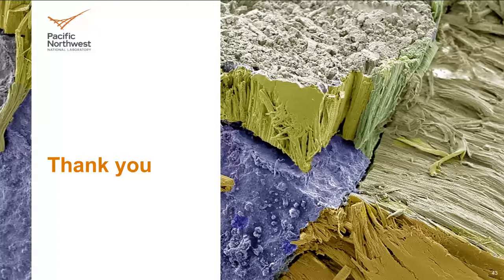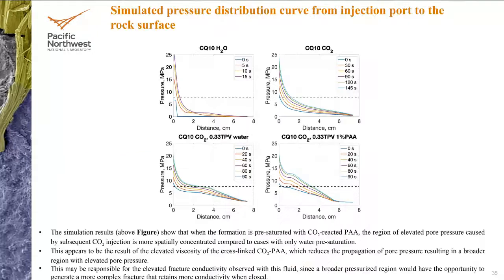You certainly would expect to see these larger apertures, even just from classical solutions. And looking at the pressure profiles that you simulate, they resemble very much what you'd see from a viscosity dominated propagation. Exactly. And a question on the true triaxial cell.